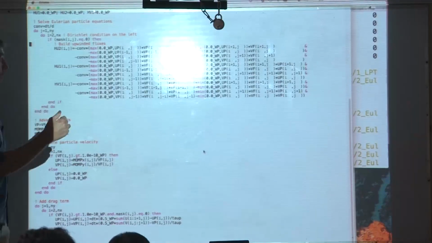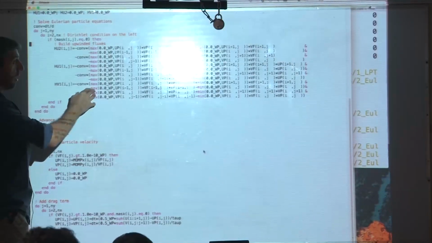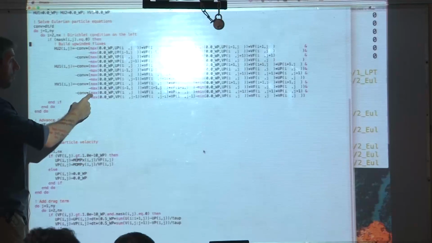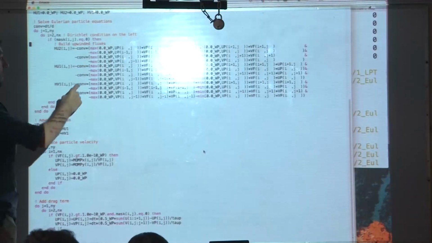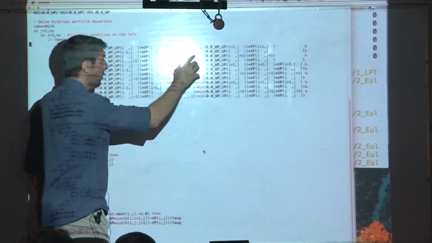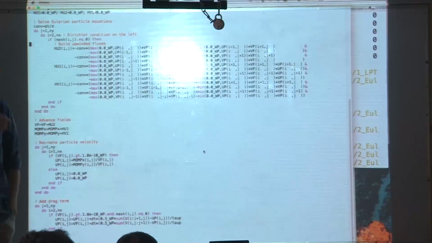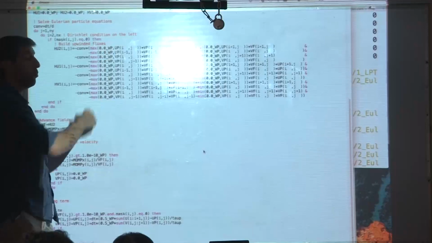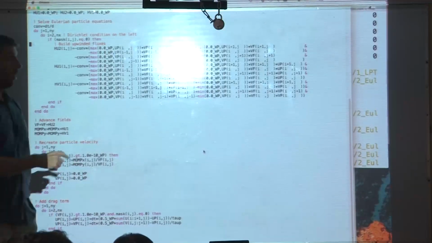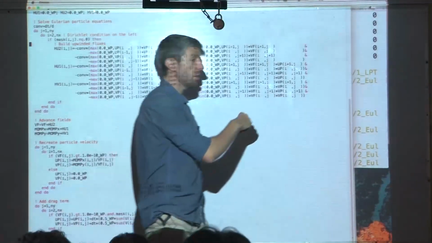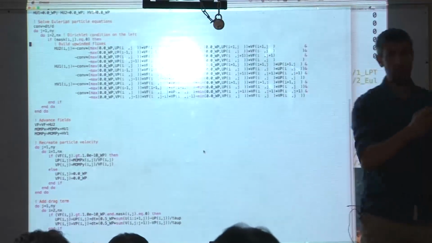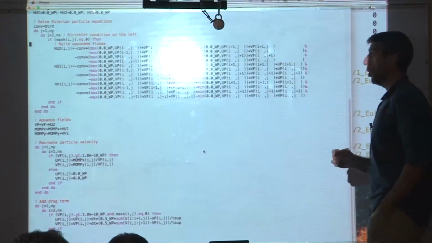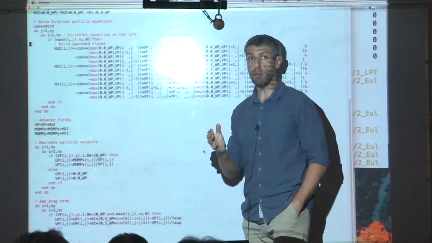I understand you probably cannot read that, but you should be able to read it on your screen. There should be two columns here, essentially. One contains max of 0, UP statements, and the second column contains min of 0, UP. This is the way I'm dealing with upwinding.